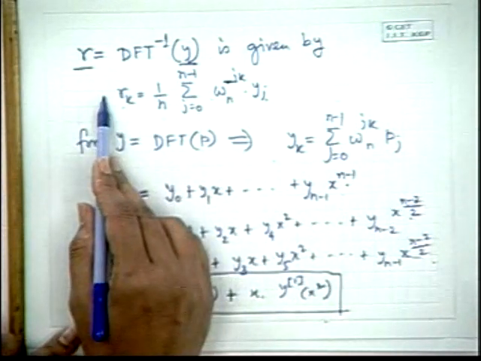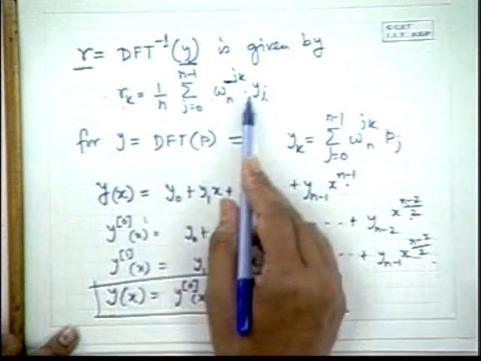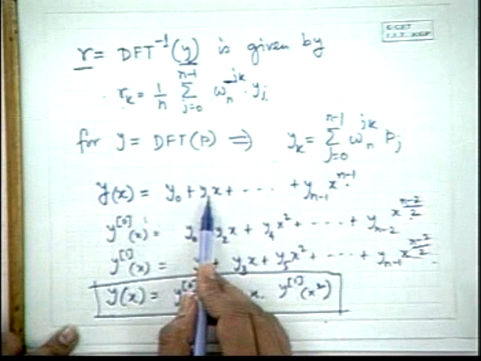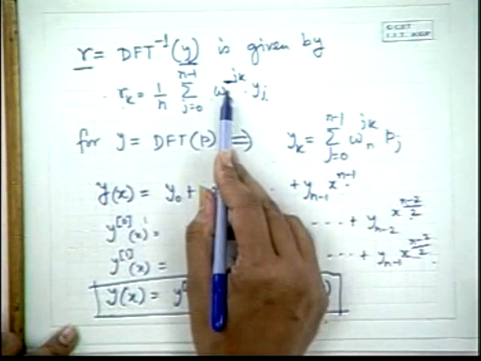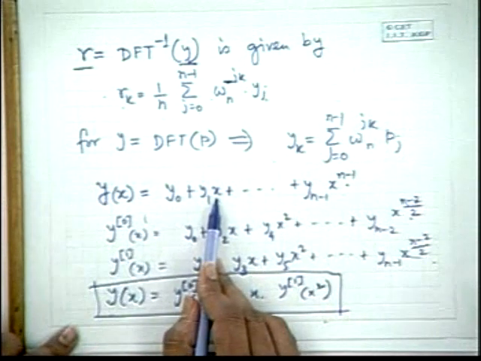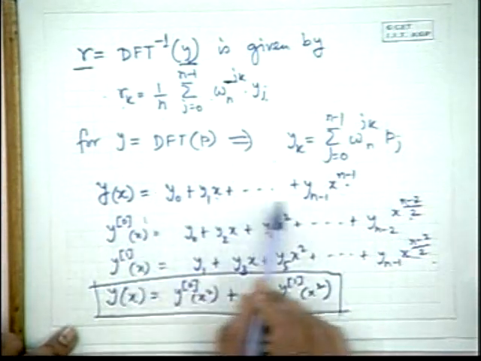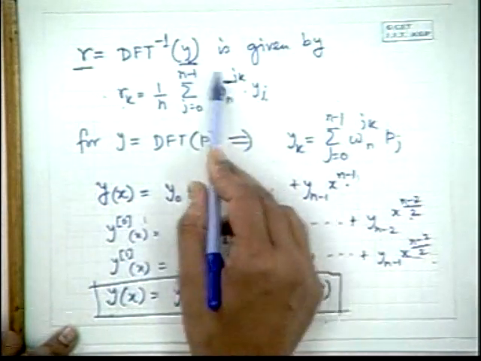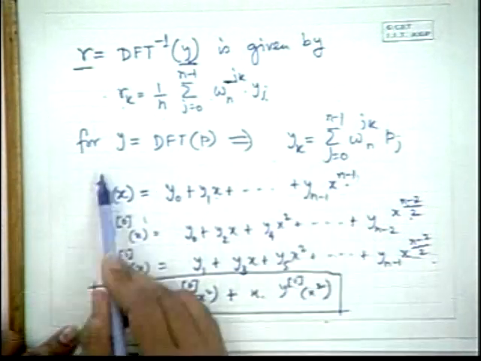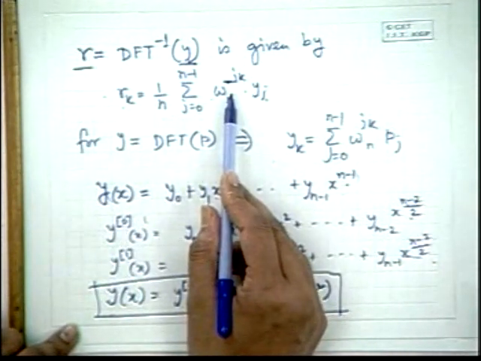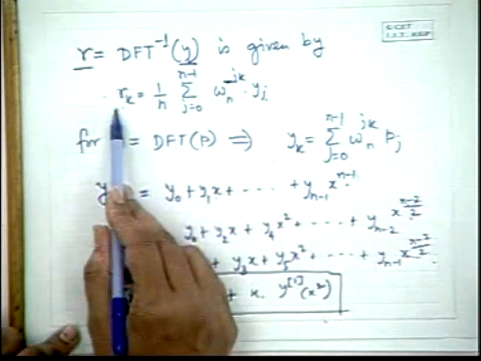Now n Rk is nothing but the sigma of this. You will get this sum if you put x equal to w to the power n minus k. If you put x equal to w to the power minus k of n, then this sum is exactly this sum. So this is as if you are evaluating this polynomial at x equal to w to the power n minus k. That gives you nRk.